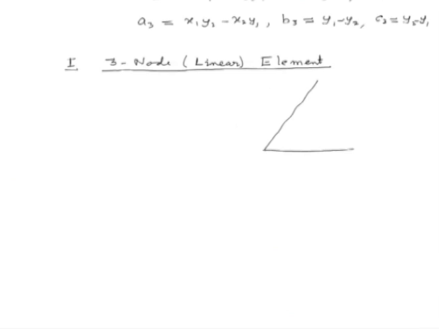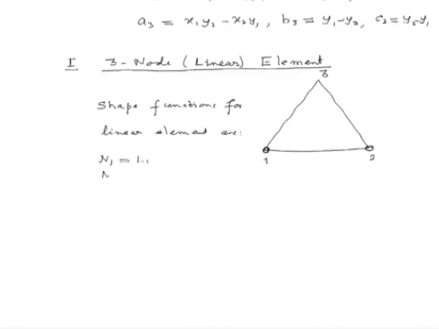So, in this case, our nodes are the 3 vertices of the triangle 1, 2 and 3, and the shape functions for the linear elements are N1 is equal to L1, N2 is equal to L2 and N3 is equal to L3.